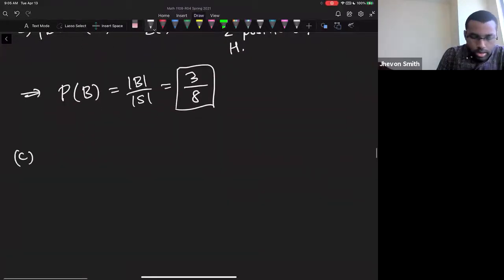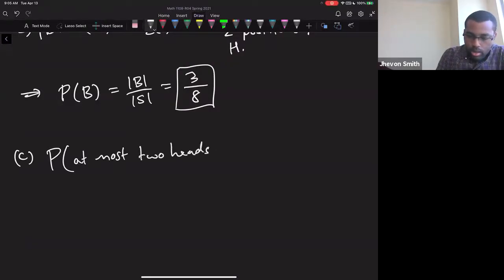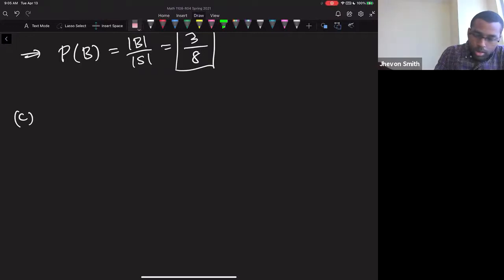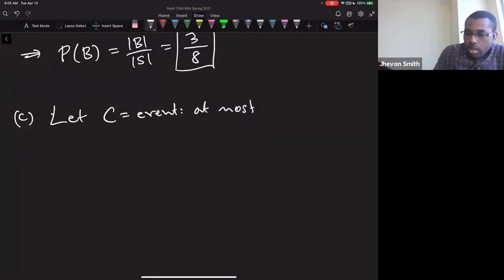You move on to C. We want the probability of at most 2 heads. And let me just write, because I'm going to rewrite this, let C be the event at most 2 heads.